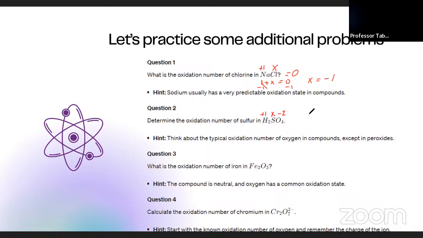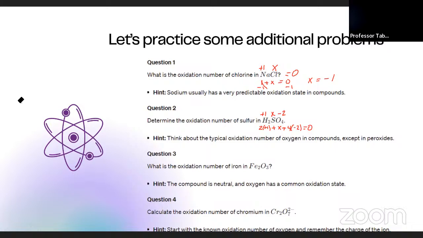We're going to say 2 times that +1, plus X, plus 4 of those oxygens times -2. And we're going to set that equal to 0.